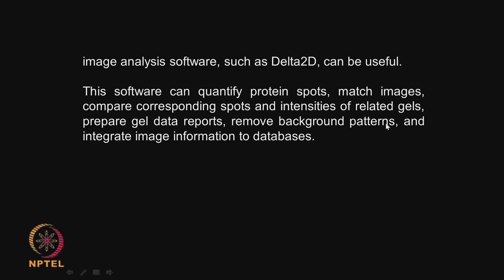So, for example, if there are proteins from one set and another set that are constant, we could remove them and just see those proteins which have appeared suddenly, or those proteins which have disappeared suddenly after a treatment for a particular disease, and then go into databases and try to identify what that could be, or take out these spots.